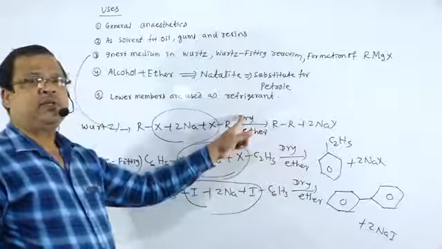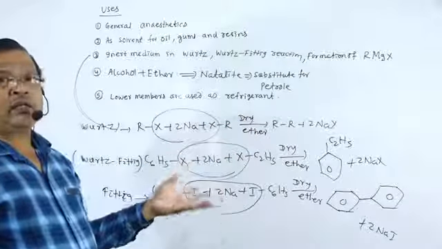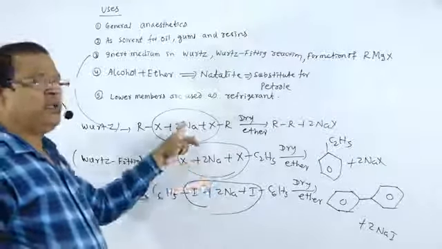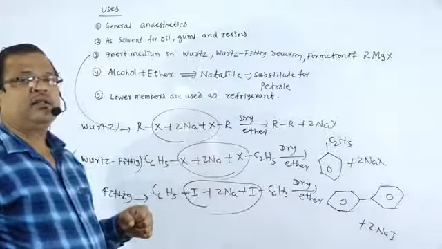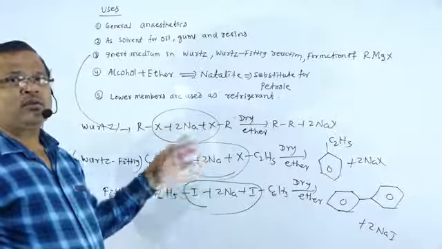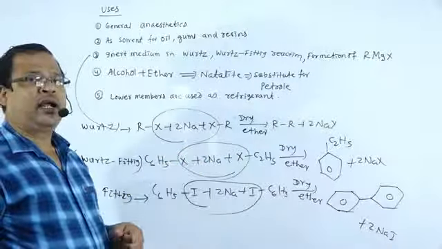In all these cases, dry ether acts as the medium. If we take water or alcohol as the medium, then metallic sodium will react with them. With alcohol as medium, sodium will react to form RONa and hydrogen gas.